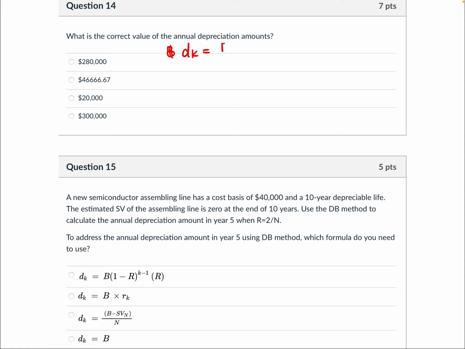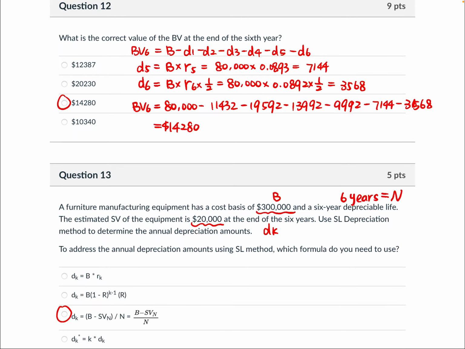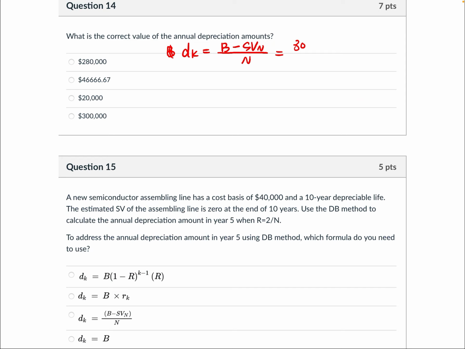DK equals B minus SVN over N. B is 300,000. SVN is 20,000. N is 6. Okay, so the answer is 46,666.67.